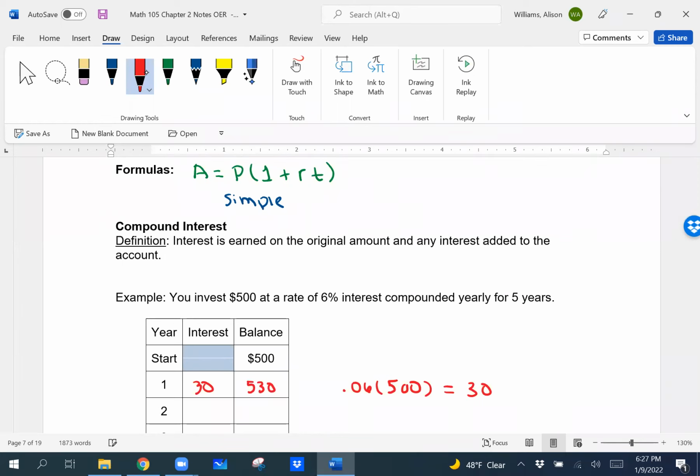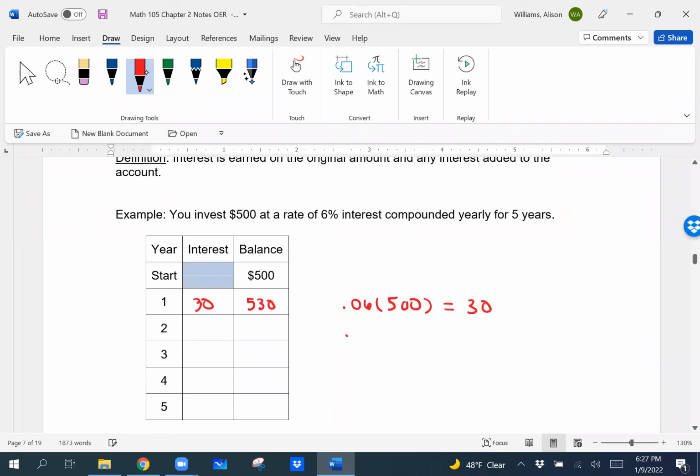But now we're going to calculate the interest on $530. So we're taking that interest that was earned, and that's what we're going to calculate the interest on. So that's going to come out to 31.8, which I can think of as dollars would be $31.80. So adding it, we'll get $561.80.